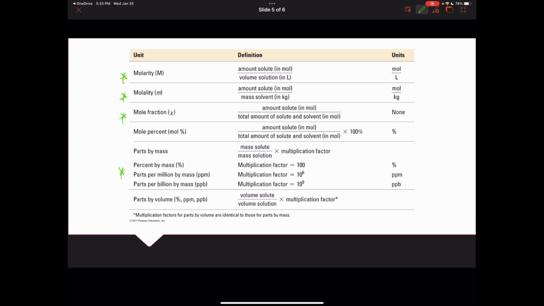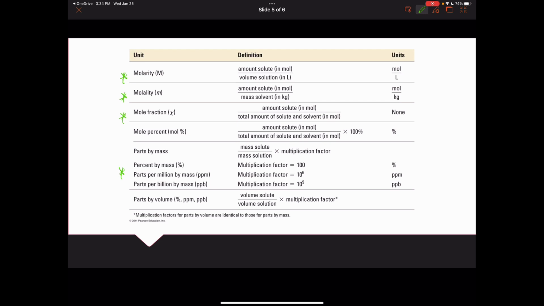Now, on your worksheet, you have an additional problem, number 10. So what number 10 does is it gives you guys practice with calculating all of these different types of concentrations. So we've gone through examples of all of them. It's going to give you practice with calculating those, as well as converting from one type of concentration to another.